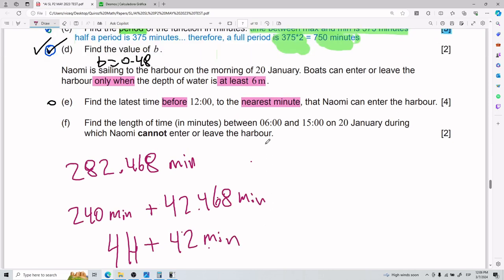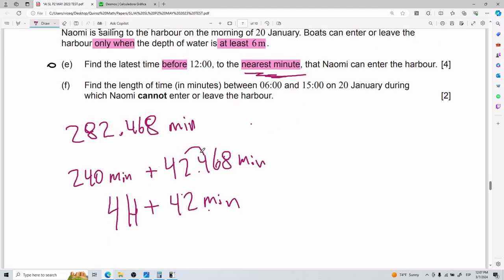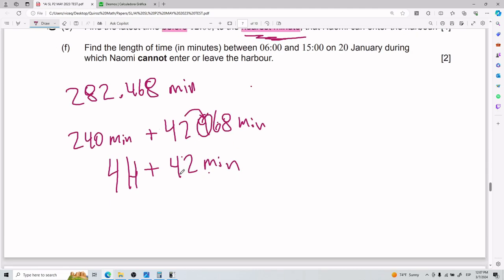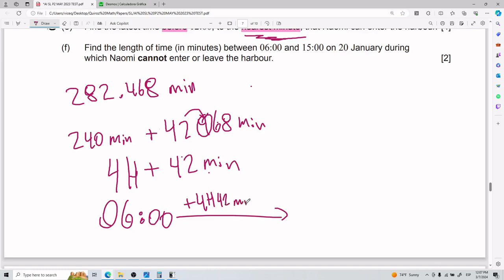Because it's to the nearest minute and because of the context of the question, it makes sense to round down. You can leave it as 4 hours and 42 minutes. Now, from 6 o'clock plus the 4 hours and 42 minutes, how much time is it? Well, 4 hours: 7, 8, 9, 10, plus the 42 minutes, 10:42.